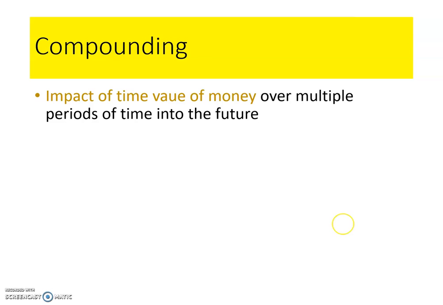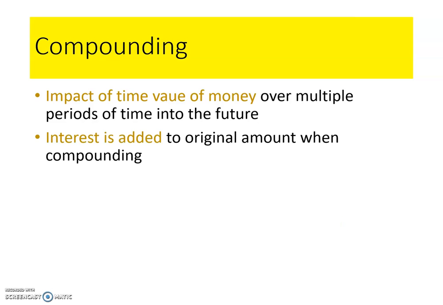What effect is it going to have on the value of your money over an extended period of time in future. So essentially what happens is that you have to add the interest to the original amount of money that you have. So essentially, that is what compounding is all about. So interest is added to the original amount. That is when you're compounding.